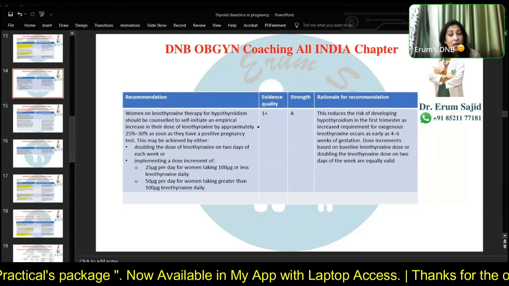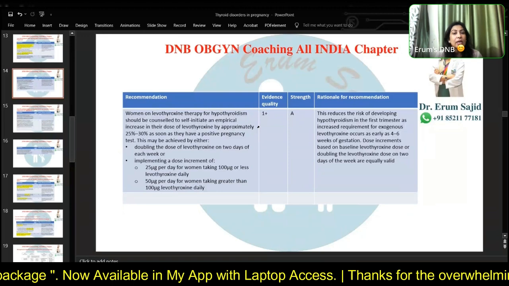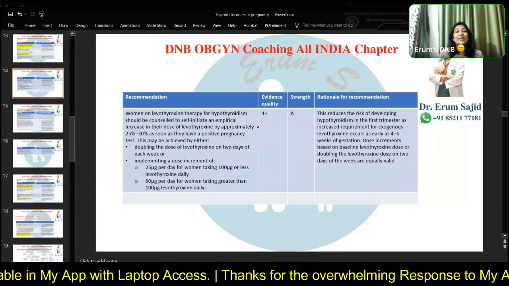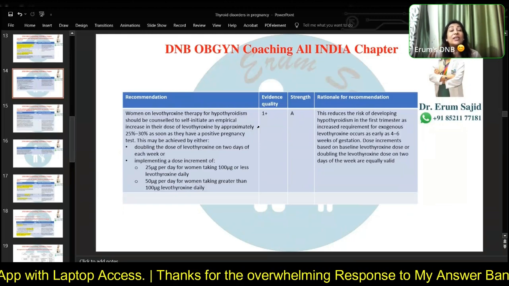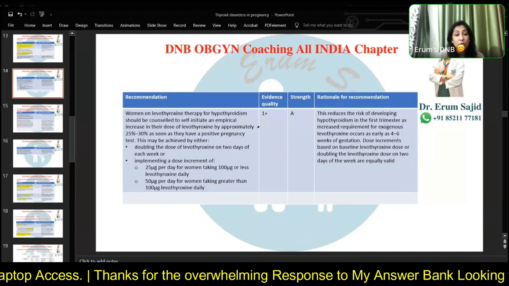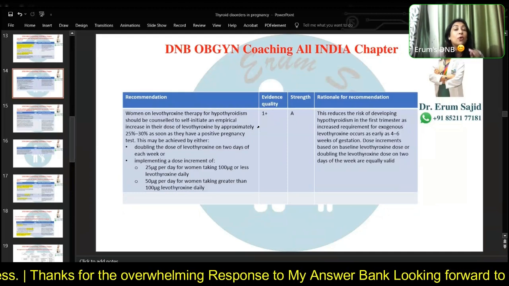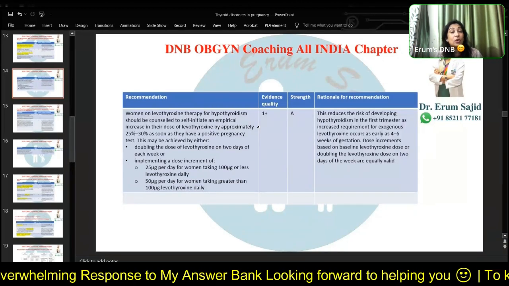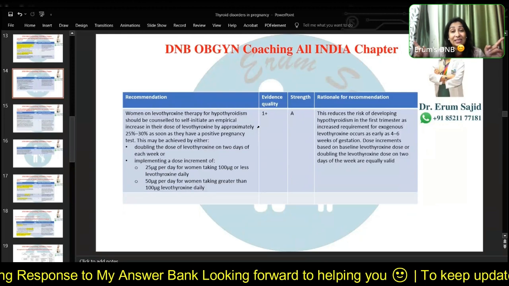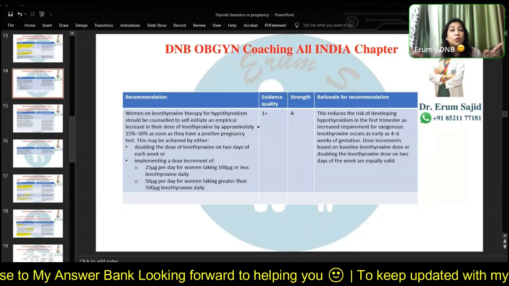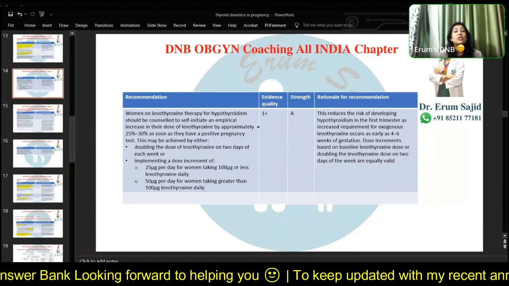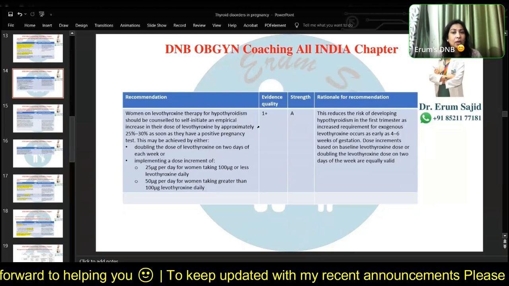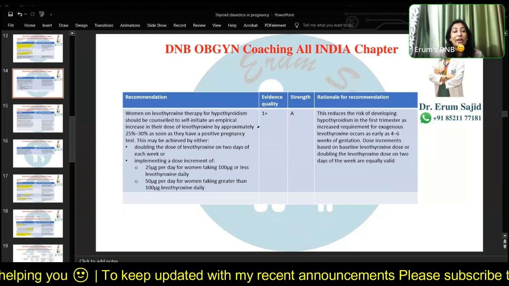But at the same time, there is a transient change in the level of the thyroid hormone, as a result of which you have to increase it a little to compensate for the initial part of the first trimester because of the hemodilution of the blood and the excessive hemodynamic changes going on in the body, as a result of which there is hypermetabolism. So there is a transient dip. Okay, so you upscale the levothyroxine by 25 to 30%.